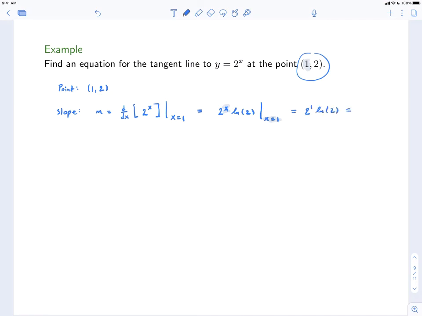So our slope is 2 ln of 2. So that means that the equation of our tangent line is y minus the y-coordinate equals the slope, 2 ln of 2, times x minus the x-coordinate. And that's the equation of our tangent line.